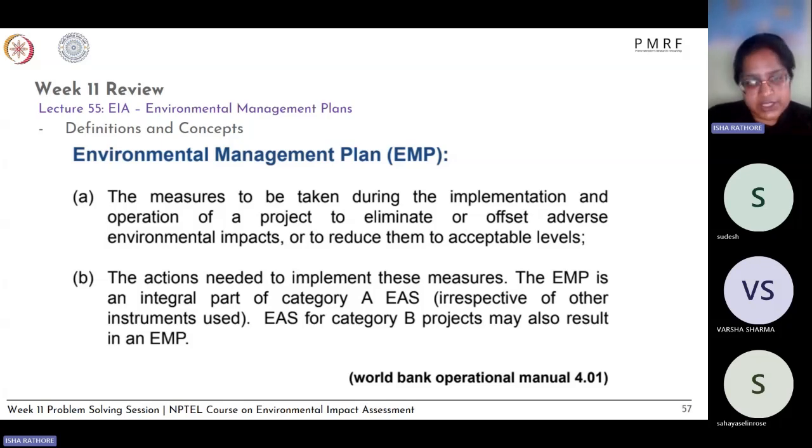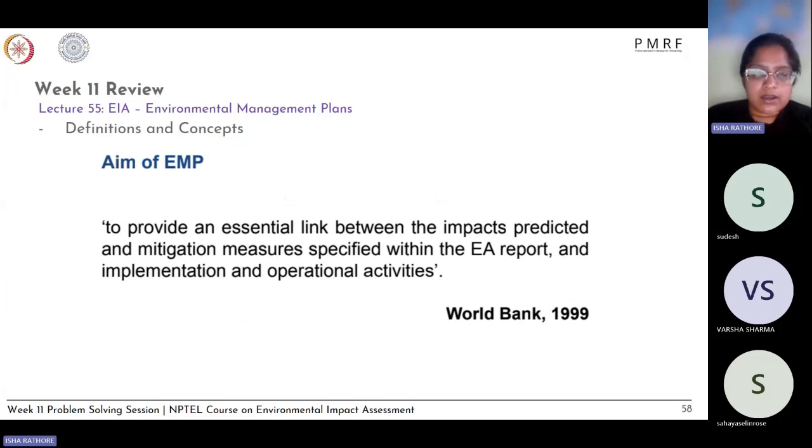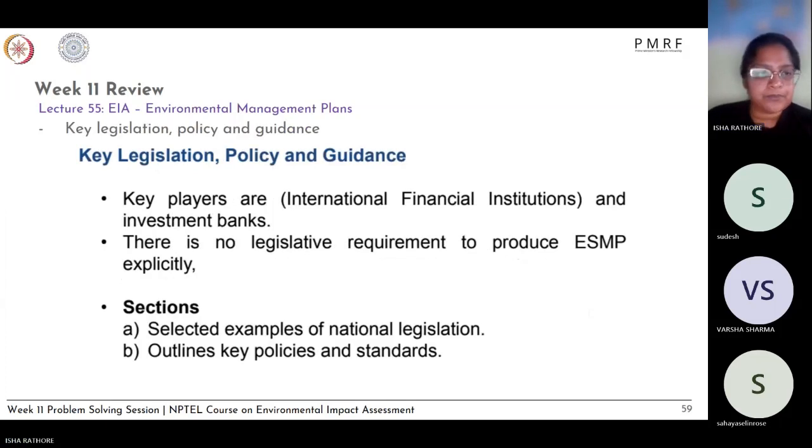So the actions which are needed to implement these measures, the EMP is an integral part of a category A EIA, irrespective of other instruments used. So this is the definition by the World Bank. The aim of making environmental management plans is to provide an essential link between the impacts predicted and mitigation measures which are specified within the EIA reports and their implementation and operational activities.